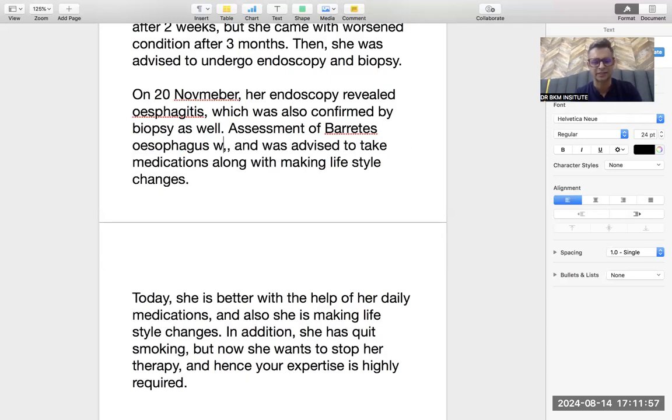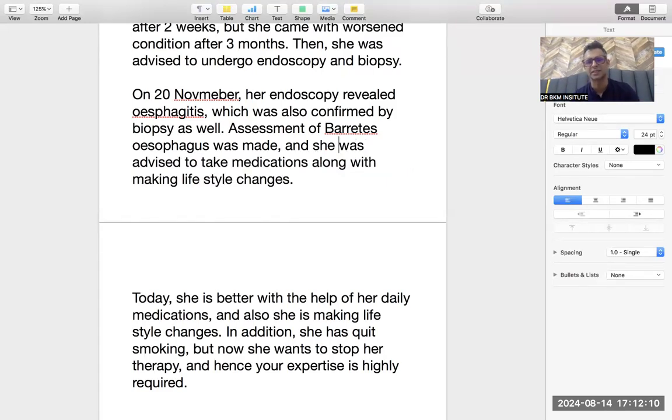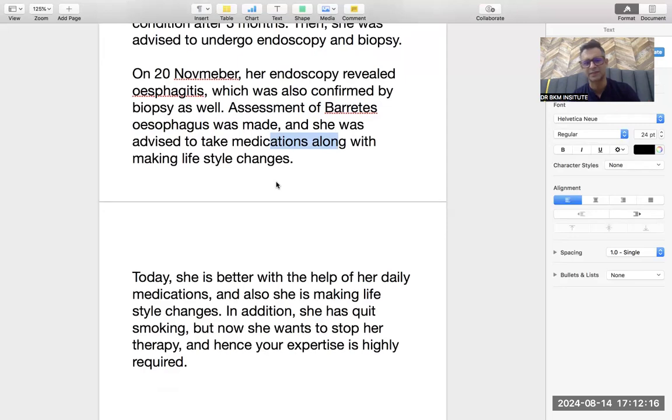This is to change the tense, because otherwise you would be writing the patient was assessed with. So you can say assessment of Barrett's esophagus was made and she was advised. Then you have to write she, because now the subject is changing. Assessment of Barrett's esophagus was made and she was advised to take medications along with making some lifestyle changes.